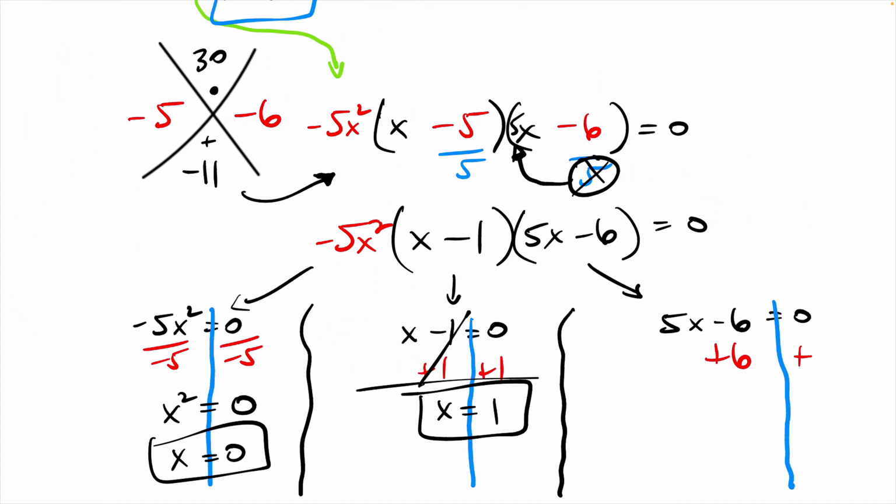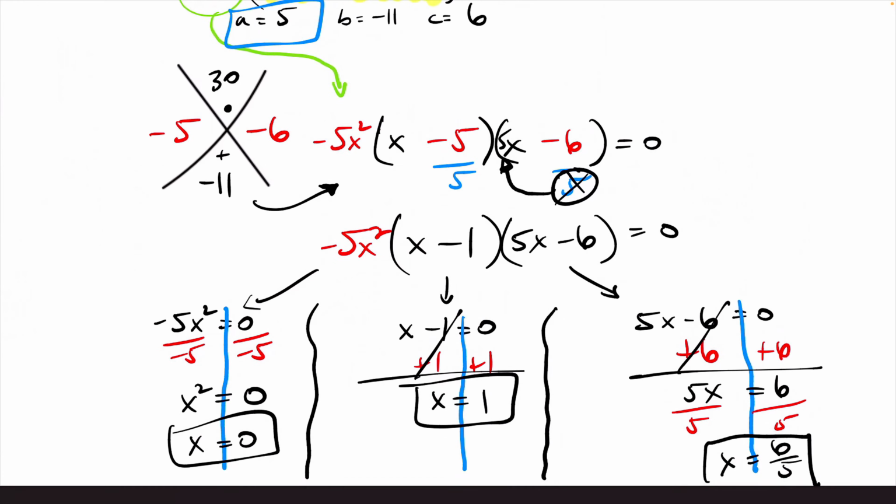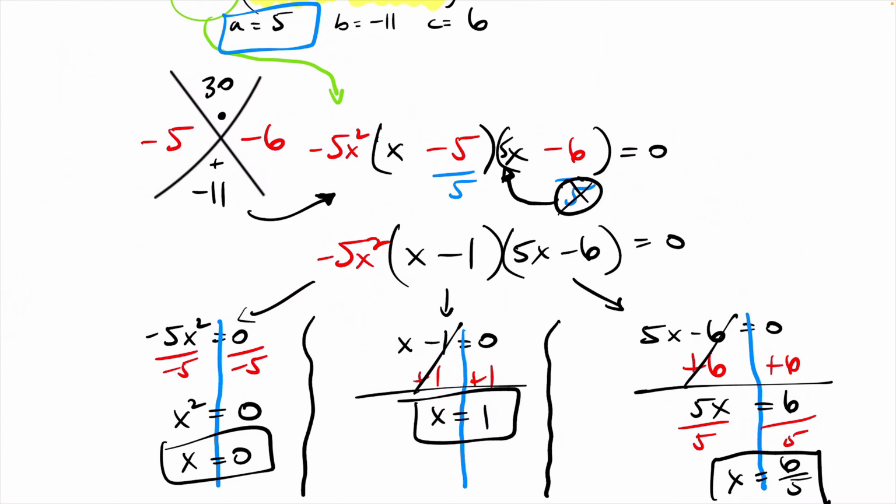Add 6 to both sides. Divide by 6. Reduce it if you can, but reduce does not mean change it to a decimal. Everyone thinks, oh, reduce means change it to a decimal. Nope, reduce just means make it smaller if you can. If you can't, leave it. 6 over 5, that's as small as you can do it. Okay? 3 answers, 3 boxes.